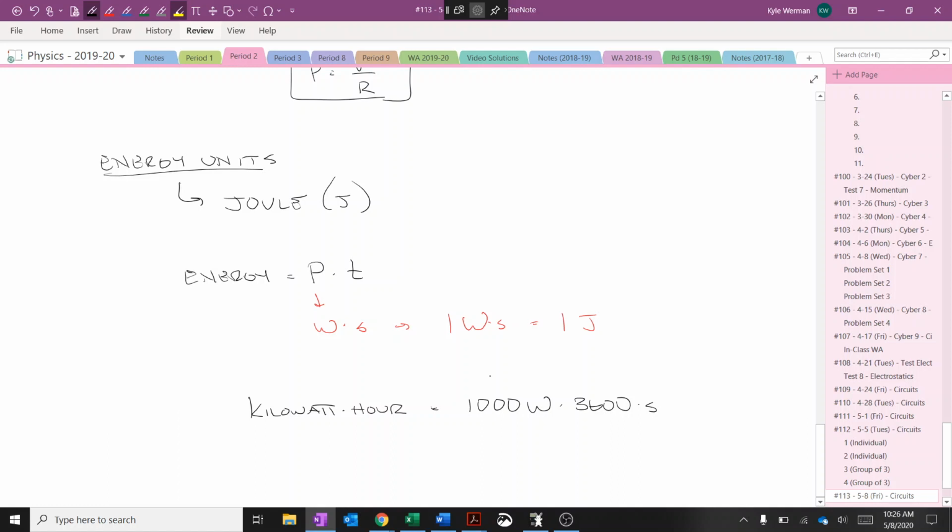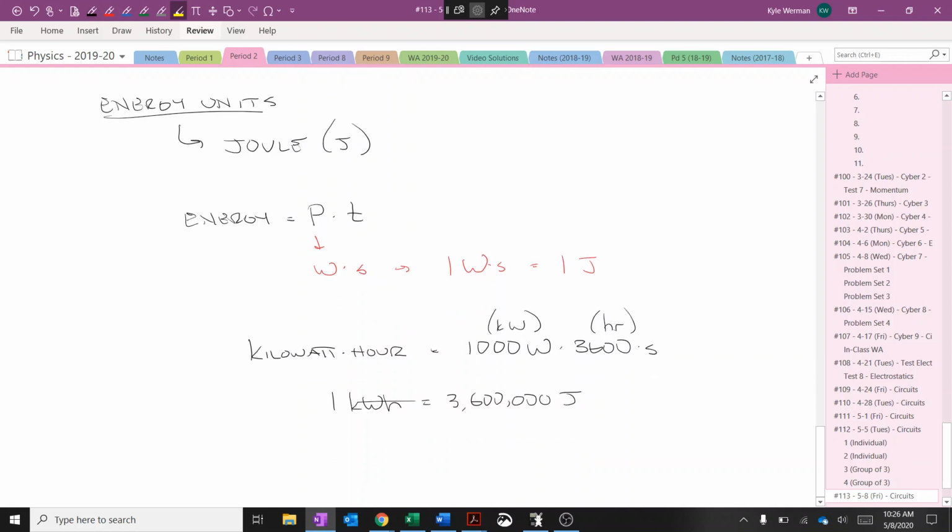So you have this unit for energy called a kilowatt hour that's equal to 1,000 times 3,600, or 3,600,000 joules of energy.